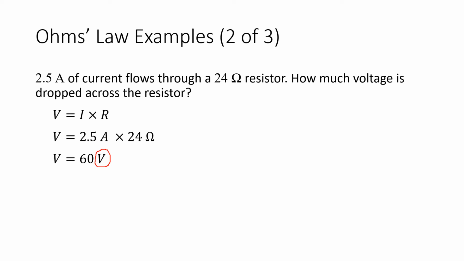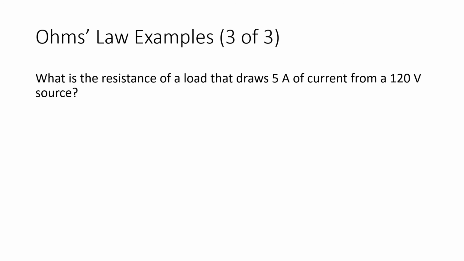Let's look at another example. What is the resistance of a load that draws 5 amps of current from a 120 volt source? Again, we start by writing the equation. R equals V over I. Substitute in our known quantities.